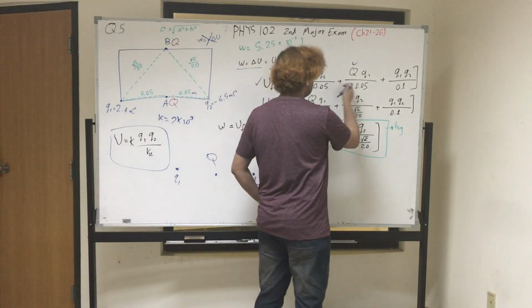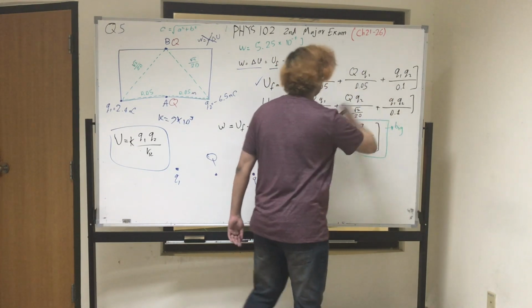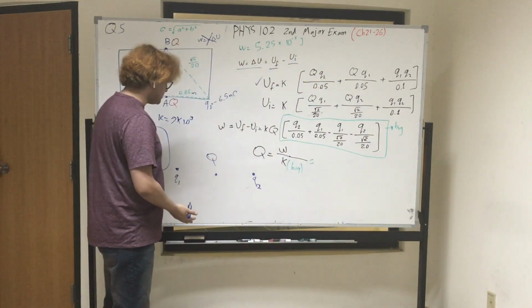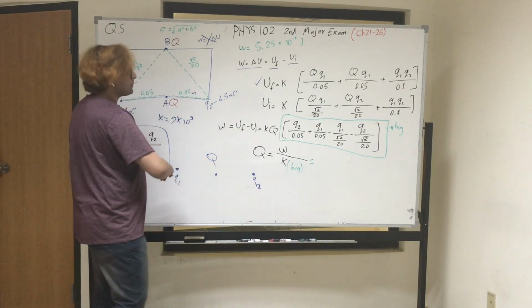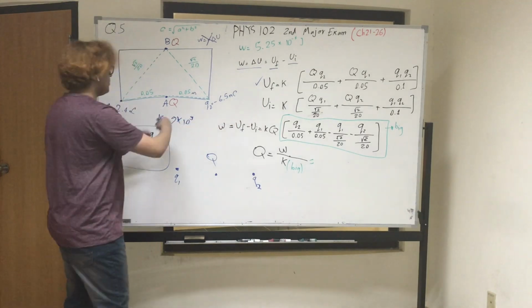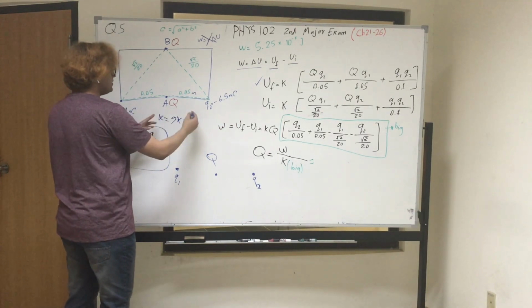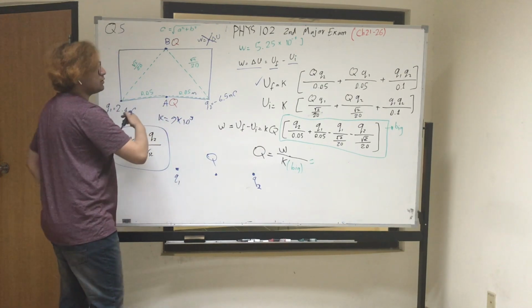This is something we have just explained. Finally, the last part of our potential energy is basically Q1 times Q2 over the distance between them, which is 0.1. The distance between Q1 and Q2 is 0.05 plus 0.05, which is equal to 0.1.